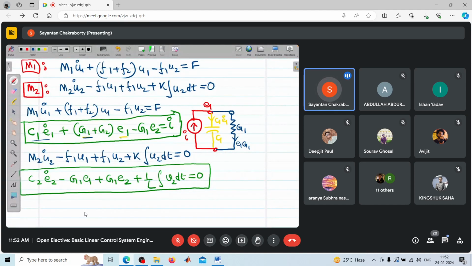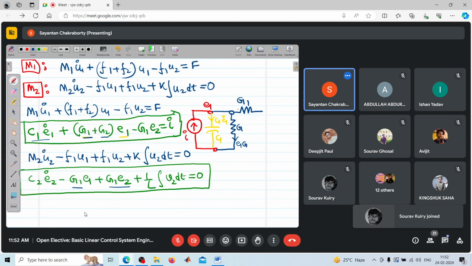Now, the problem is that there is a (G1 plus G2) into E1. So that means, G1 E1 and G1 E2. So G1 should be common between these two. So I cannot write G1 over here. Rather, since G1 is common in both the equations, G1 is only linking. So I have to write G1 like here. So what is the current?